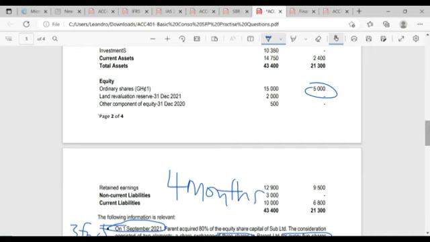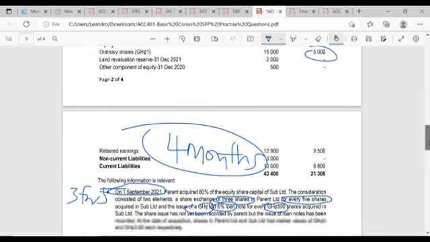It is so important to determine your date of acquisition according to IFRS 3 acquisition accounting. Step 2, determine date of acquisition. It tells you how many years or days or months of consolidation you have to do, and tells you the pre-acquisition items and the post-acquisition items. This question will highlight some of these things.